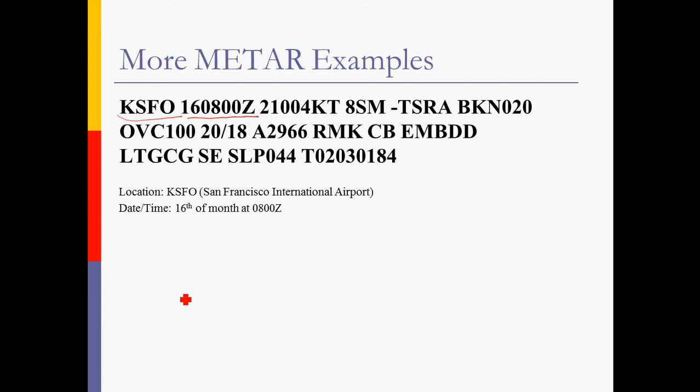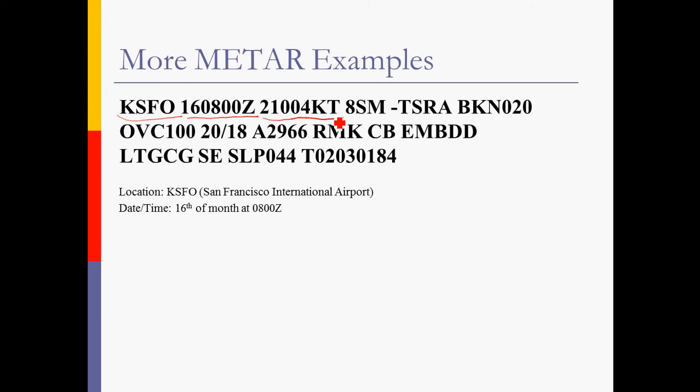Okay, our next piece of information here is 21004 KT. And you'll probably recognize the KT stands for knots, and that's a clue that this piece of information is telling you about wind. So if you don't remember right away, you look at this and you say, oh, KT, that looks like knots.